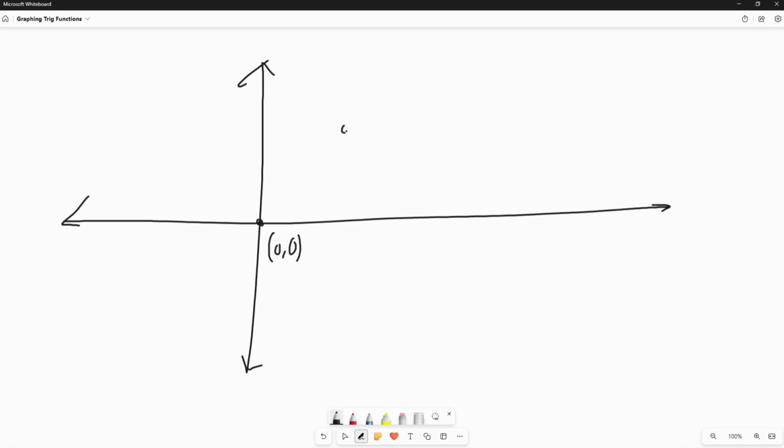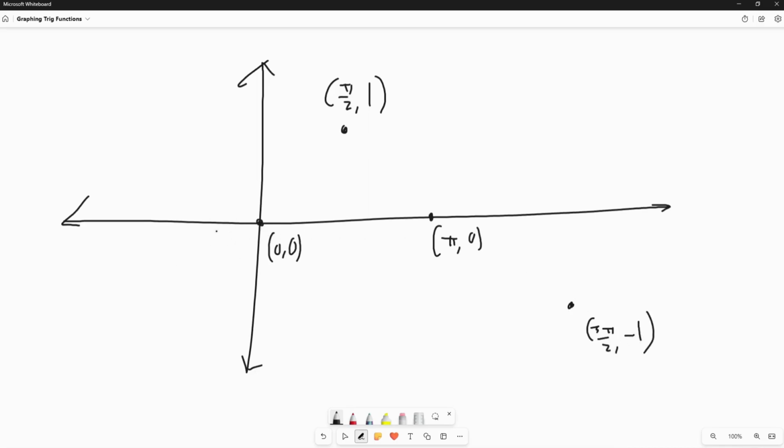There's a point at (pi over 2, 1). There's a point at (pi, 0). And there's a point at (3 pi over 2, negative 1).